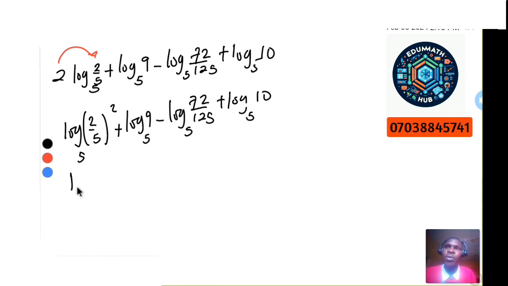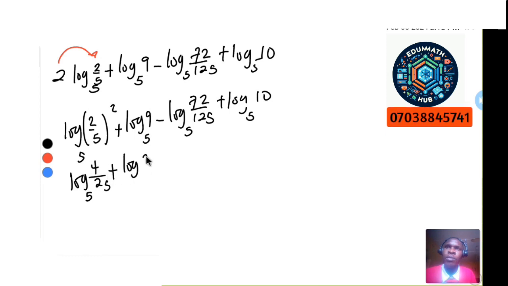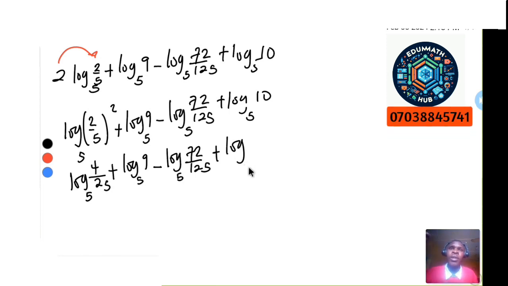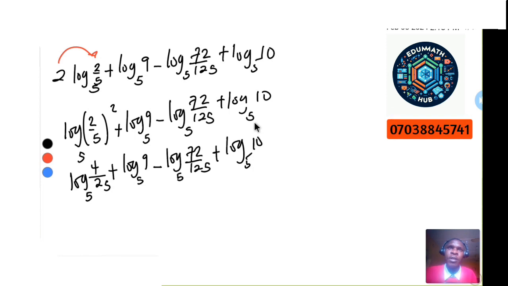Then this will give you log base 5 of 2 over 5, that's 2 squared gives you 4, 5 squared gives you 25, plus log base 5 of 9, minus log of 72 over 125 base 5, plus log base 5 of 10.